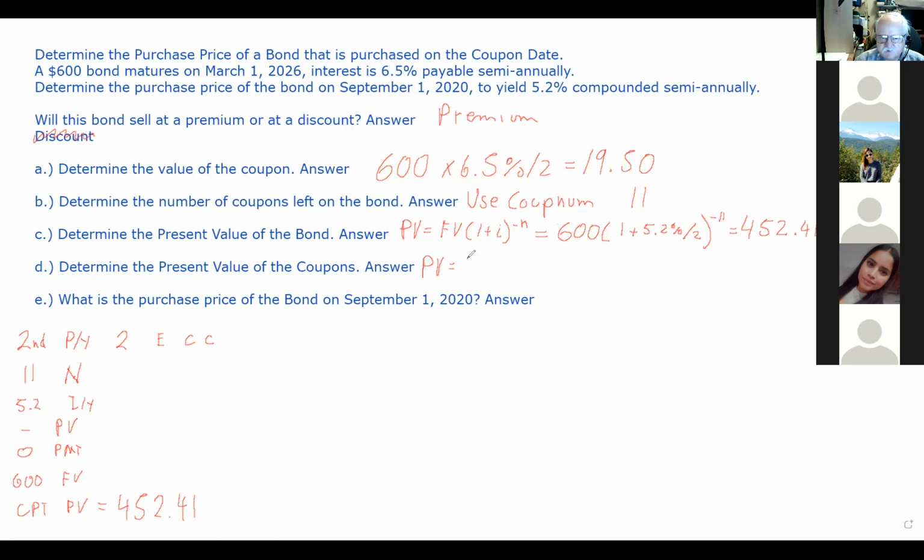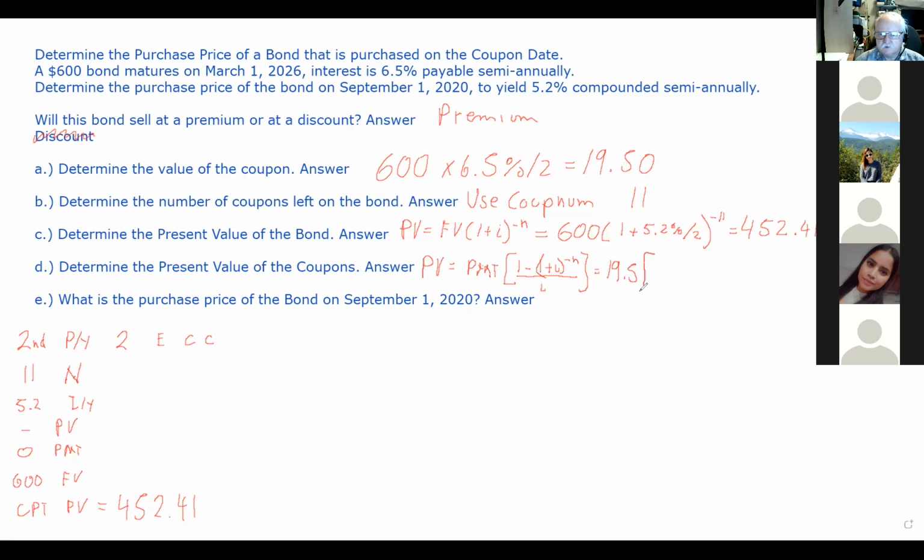To get the present value of the payments, we have to do 1 minus 1 plus I to the power of negative n, all over I. So this would be the payment, which is the 19.5.